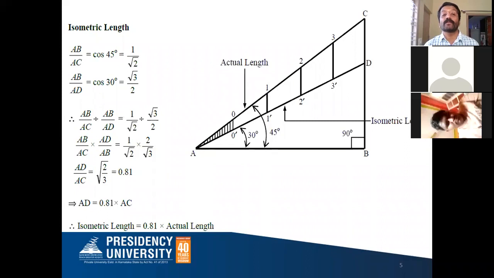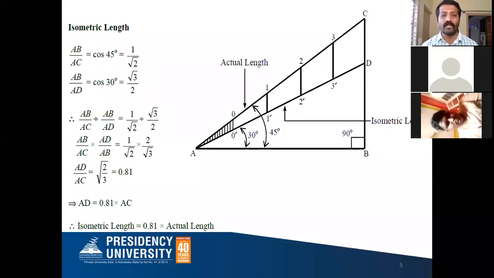What exactly do you mean by this relation? Whatever length or dimension you take in this chapter, the isometric length is 0.816 times the actual length. For example, if 30 millimeter is the actual length, 30 millimeter into 0.816 gives almost 24.5.